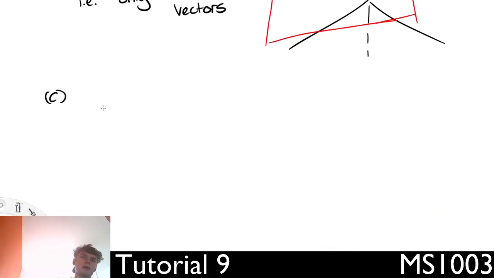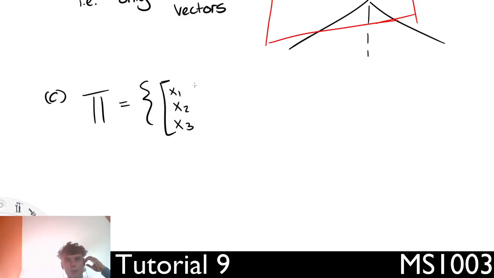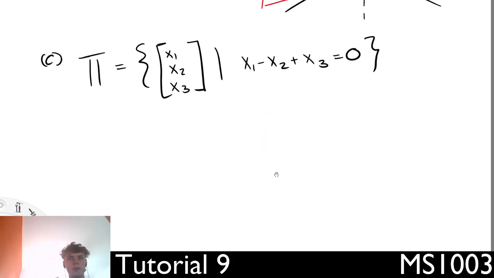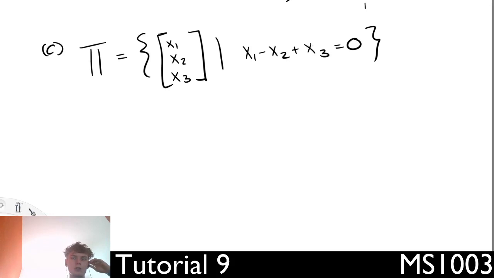Okay, so I'm going to write out my formal definition for pi again. Pi is the set of all vectors x1, x2, and x3, such that x1 minus x2 plus x3 equals 0. So I find a basis by trying to change the form of this set.